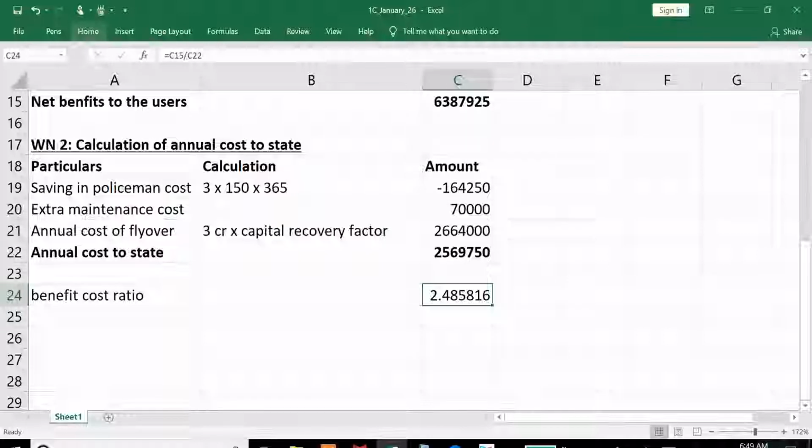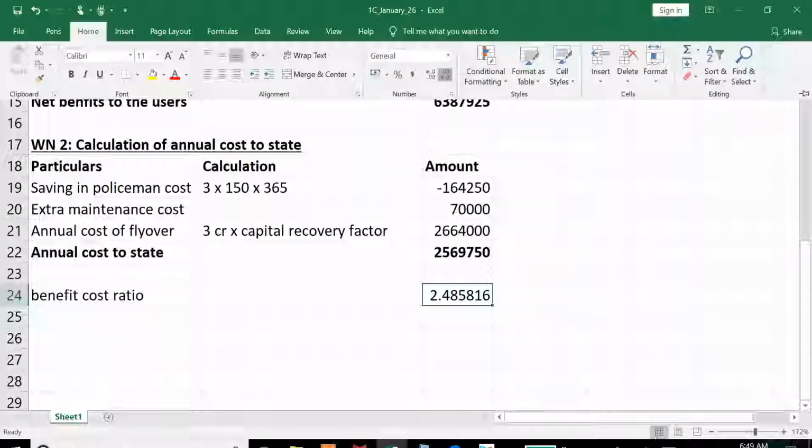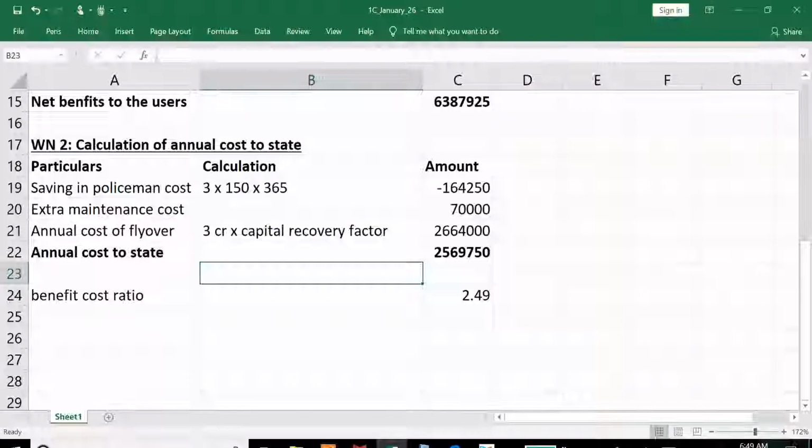The benefits are 2.49 times of the cost.